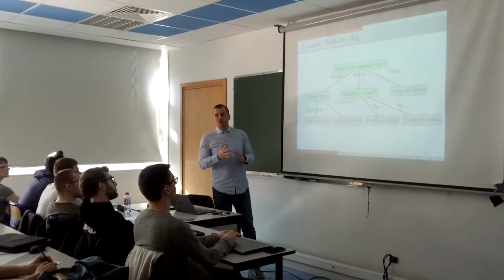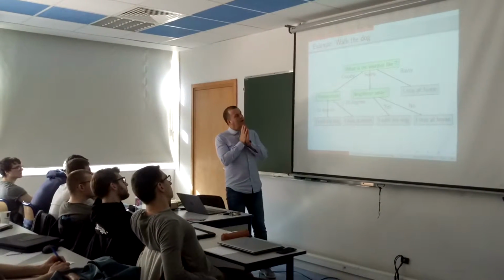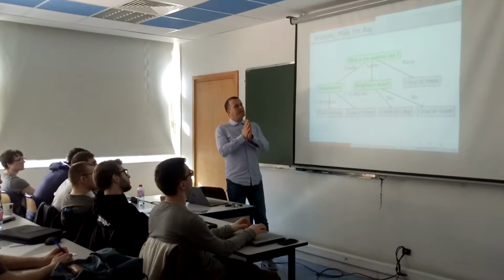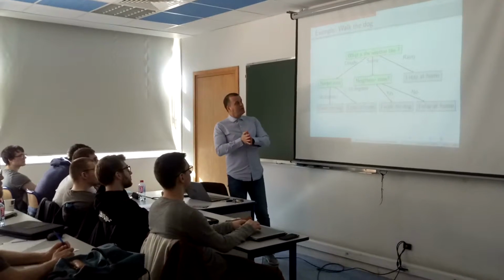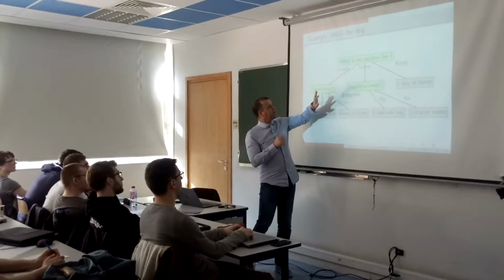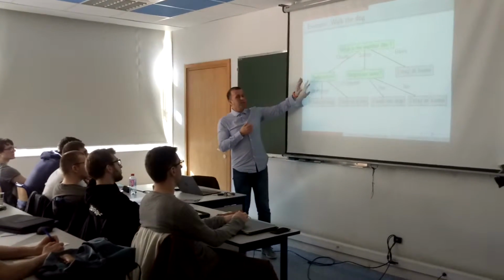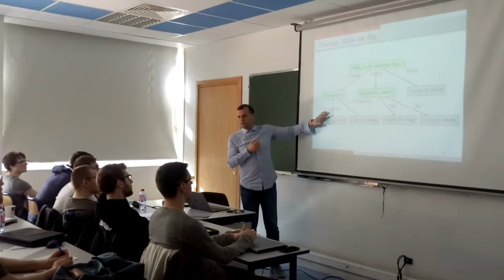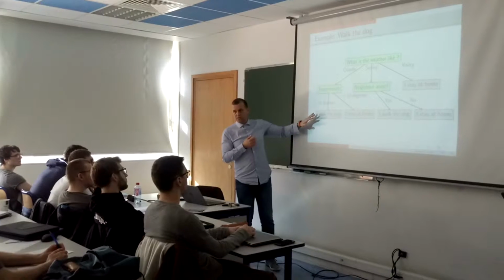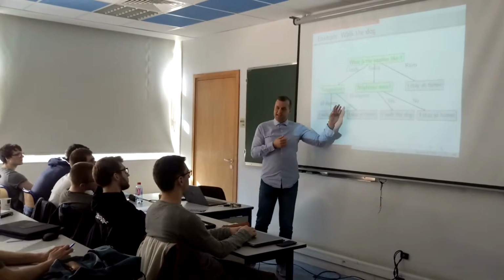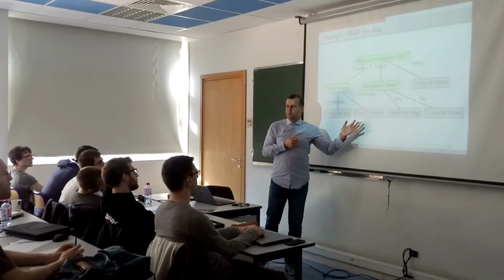The first question the neighbor asks himself is, what is the weather like? So if the weather is cloudy, then he asks himself about the temperature. If the temperature is greater than 10 degrees, he walks the dog. If the temperature is smaller, he stays at home.